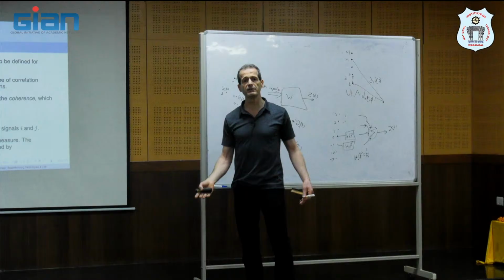And we normalize it by the square root of the autospectral density of the noise that is received in sensor I, and this is the spectral density of the noise that is received in sensor J. So this is the definition of coherence of signals between two sensors. So if we measure the magnitude squared coherence, we take this value and we take the magnitude squared, so it's always between 0 and 1.